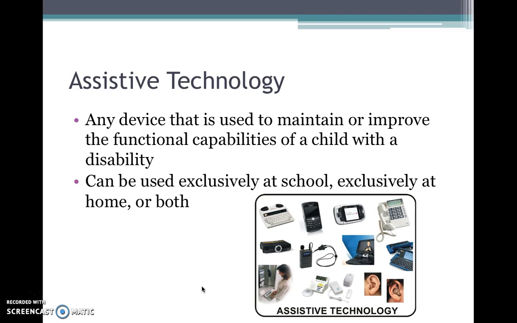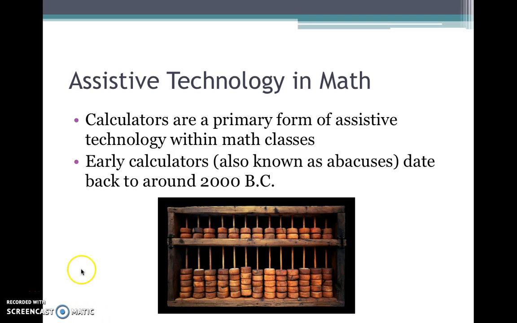And the good thing about assistive technology is that it can be used exclusively at school. So it can be something that can be kept in the classroom and used just for the classroom. It can be used exclusively at home, or it can be something that's used both at home and in the classroom. So let's talk specifically today about assistive technology in math.